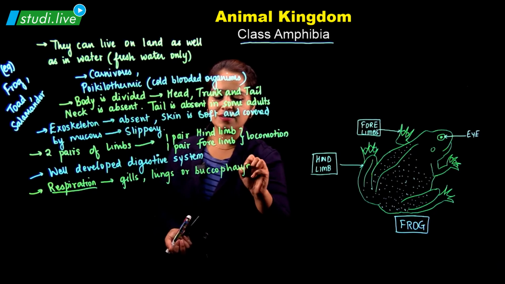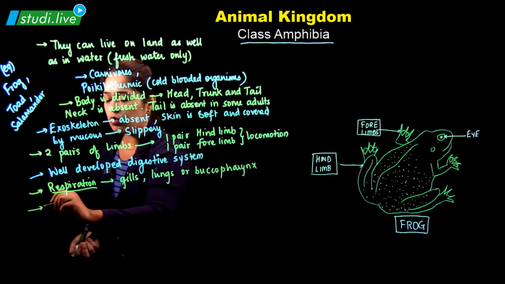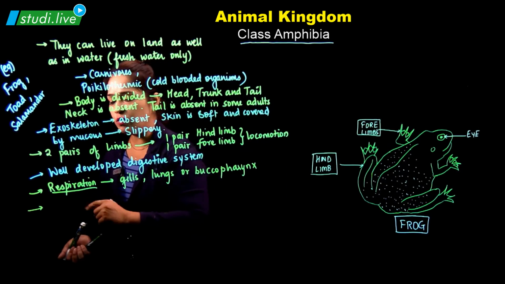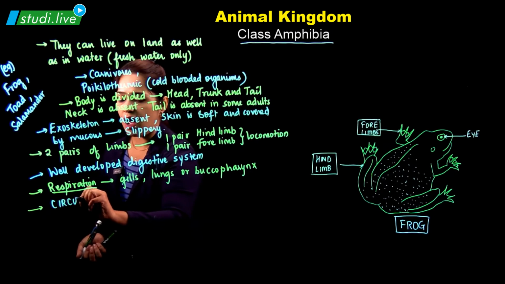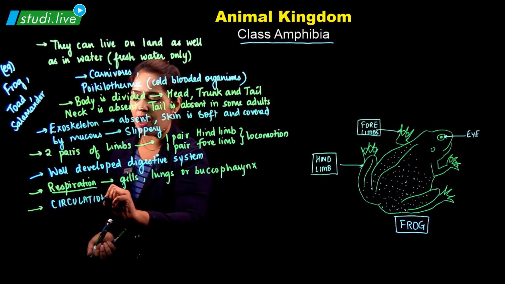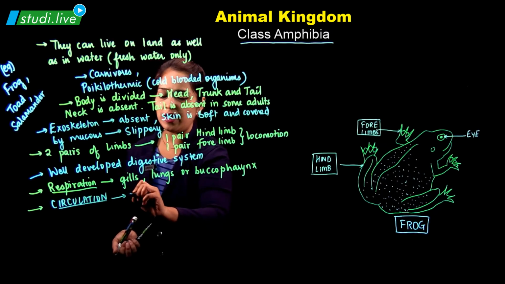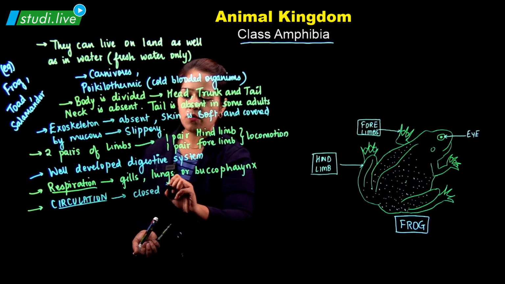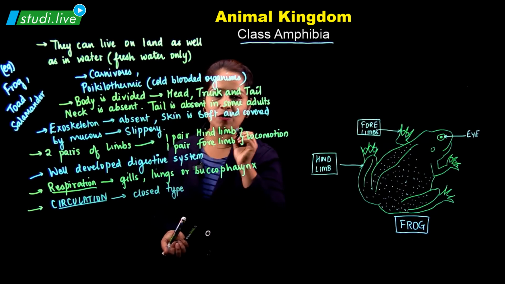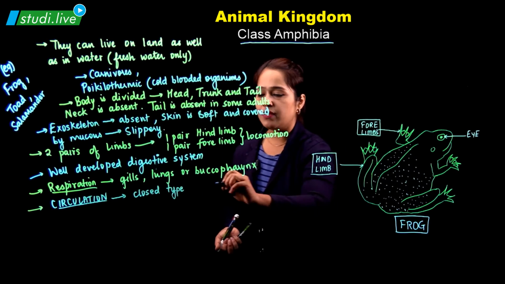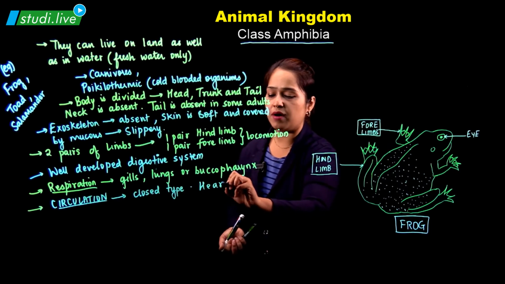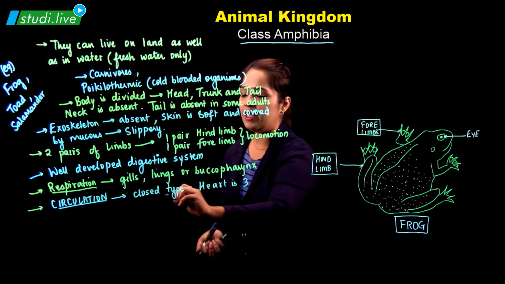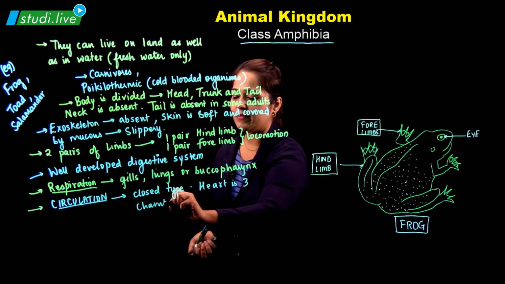Their circulation is of closed type, which means blood flows inside closed blood vessels. Their heart is three-chambered.